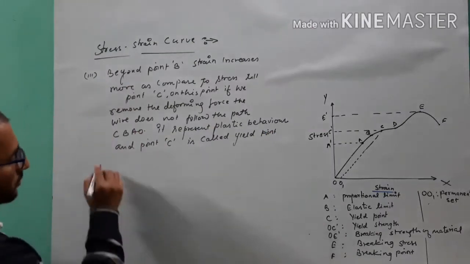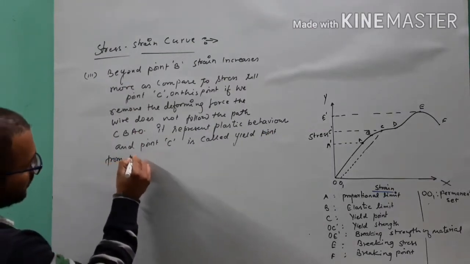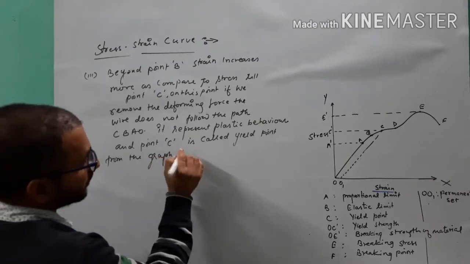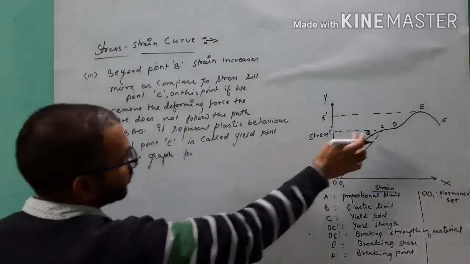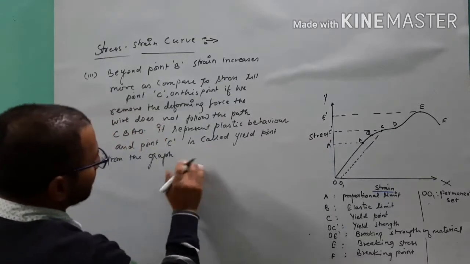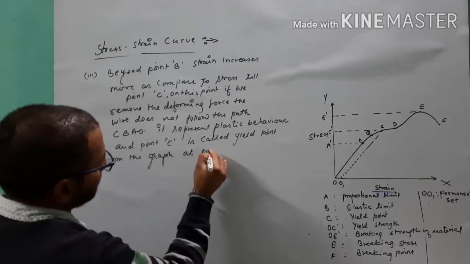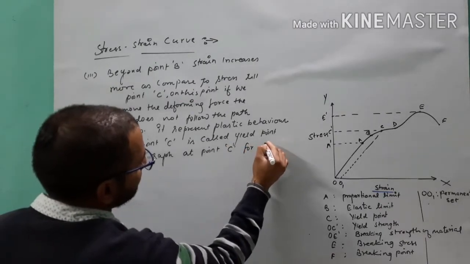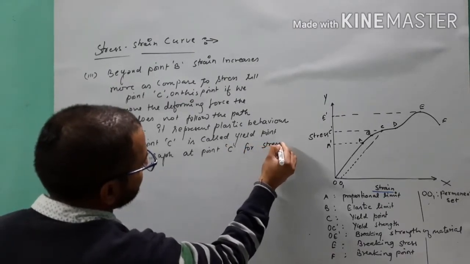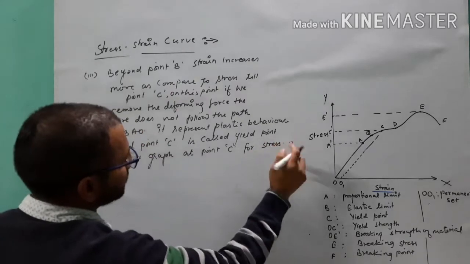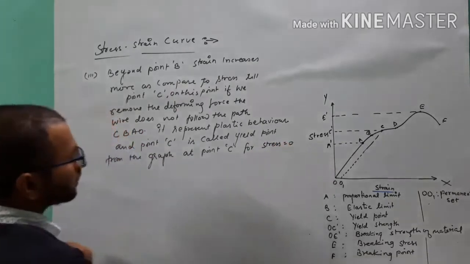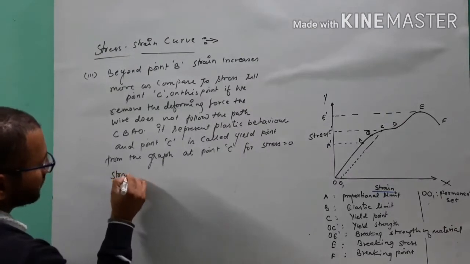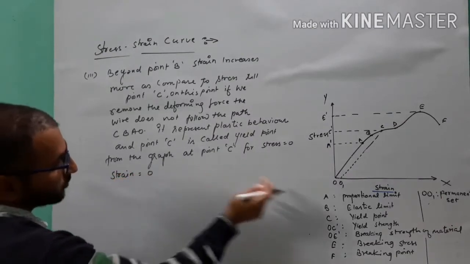Point clear? So from the graph, at point C, for stress equal to 0, meaning without applying any deforming force, strain is equal to OO dash, from the diagram.